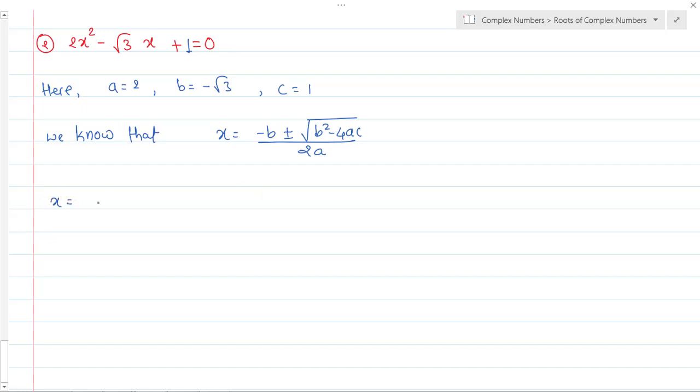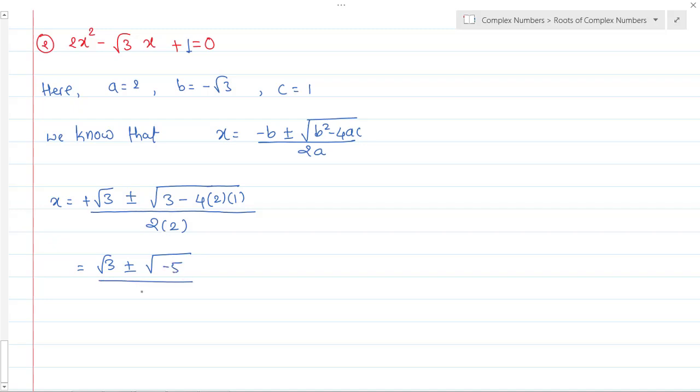So x is equals to minus minus root 3, plus or minus root of b square, which is minus root 3 squared becomes 3, minus 4 into a into c, divided by 2 into a. So 2 into a is nothing but again 4. This is equals to root 3 plus or minus root of, see here, 3 minus 8, which is nothing but minus 5, upon 2 into 2 is 4.